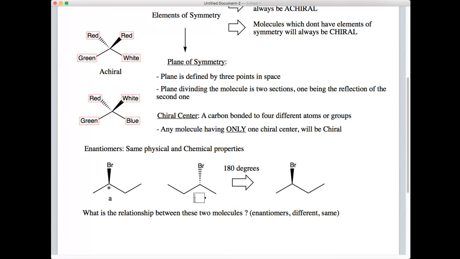So after I did the flipping, if I repeat the question, now what is the relationship between A and B?